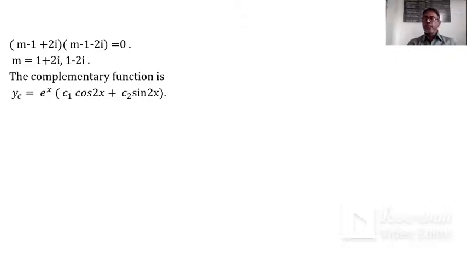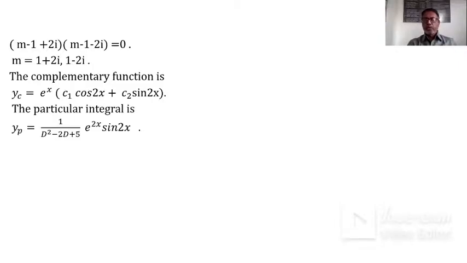Now we want to find the particular integral. The particular integral yp equals 1 upon f of d operating on q of x. Here f of d is d square minus 2d plus 5 and q of x is e to the power 2x into sine 2x. Now we operate 1 upon d square minus 2d plus 5 on e to the power 2x into sine 2x.